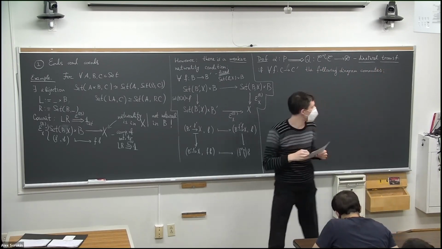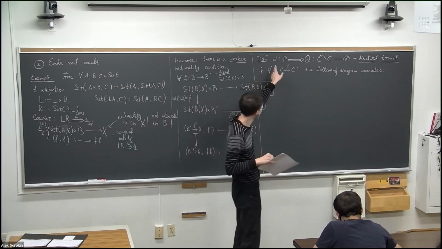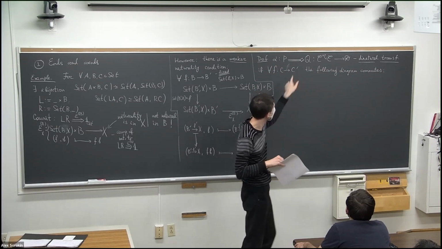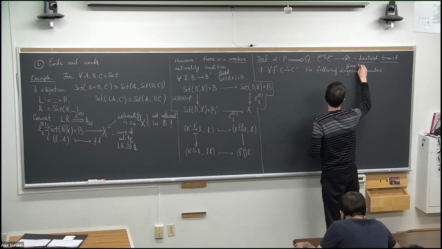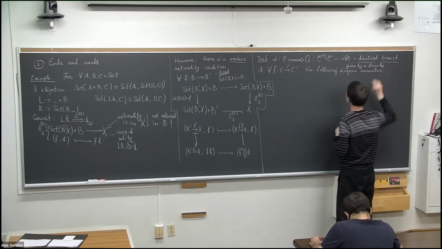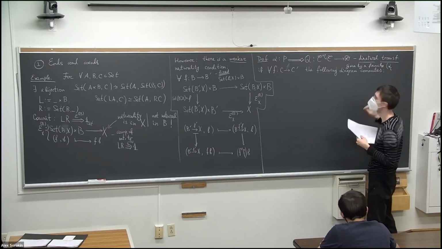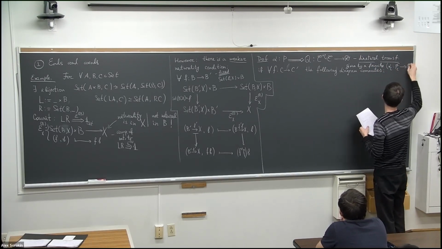Wait, I made a small inaccuracy. So alpha is the dinatural transformation, and it is given by a family alpha sub C from P(C,C) to Q(C,C).